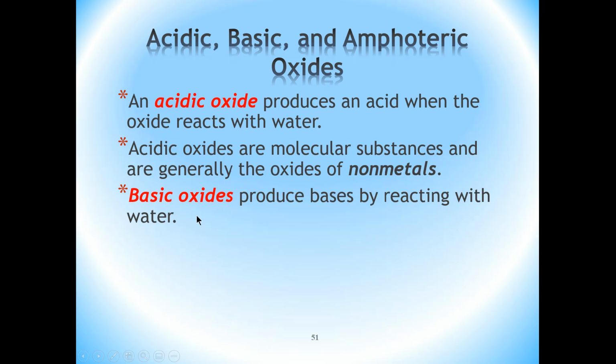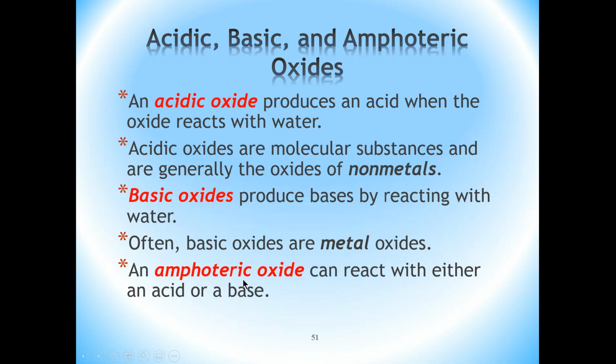Basic oxides, on the other hand, produce bases when reacting with water. And typically speaking, basic oxides are most often metal oxides, right? So oxygen combined with some metal will form a basic oxide. So those are basically chemical opposites in terms of their behavior.